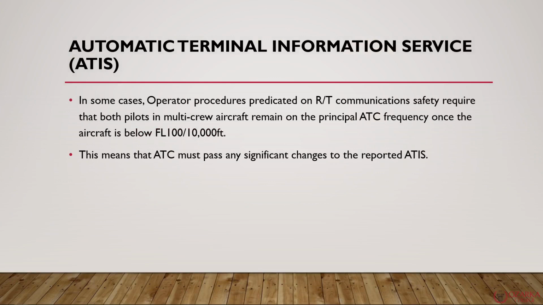All right, so in some cases, operating procedures predicated on RT communications safety require that both pilots in multi-crew aircraft remain on the principal ATC frequency once the aircraft is flown below 10,000 feet. This means that ATC must pass any significant changes to the ATIS report, okay? And they will do that over the airways.